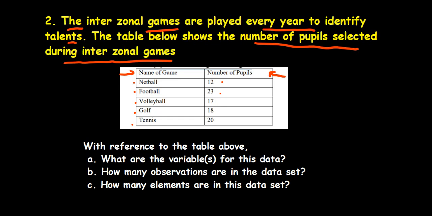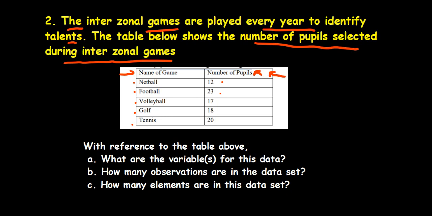So remember, in our discussion we said a variable is any characteristic that can take on different values. From this table, which characteristic can we see that is taking different values? That characteristic is just the number of pupils.